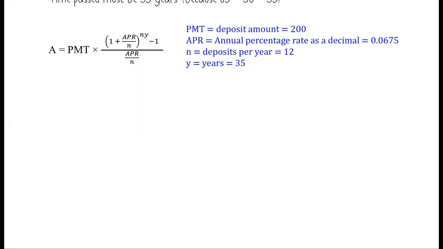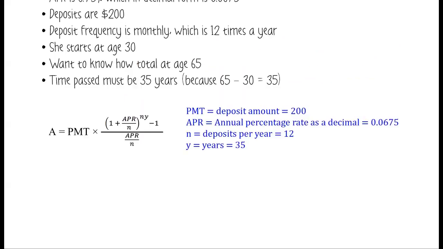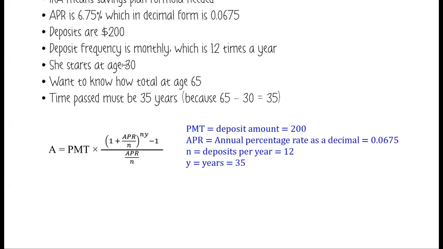N is either the compounding periods per year or the deposits per year. Susan is doing it monthly, and there are 12 months in a year, so N is 12. Y stands for the number of years. Because Susan started at age 30 and we're calculating up until 65, the years must be 35.